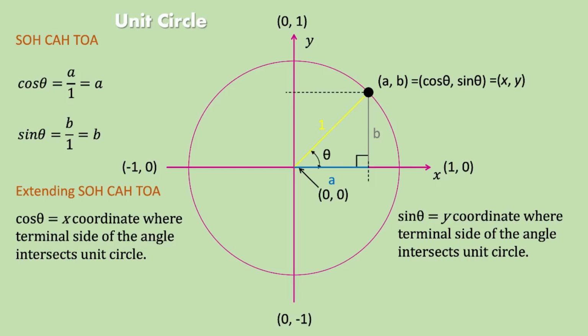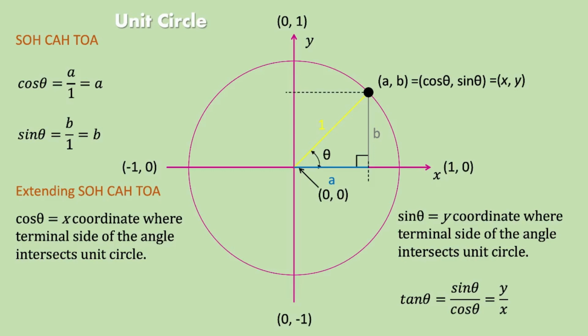What about a reasonable definition of tangent of theta? Well, tangent of theta, even with SOHCAHTOA, could be defined as sine of theta divided by cosine of theta, which in this case will be the y-coordinate over the x-coordinate.